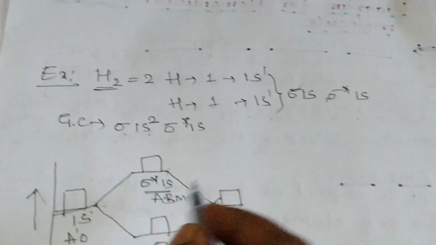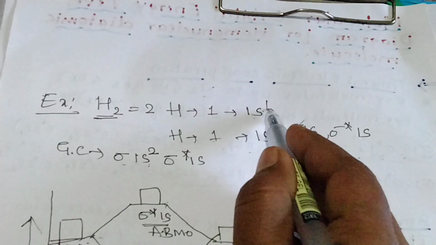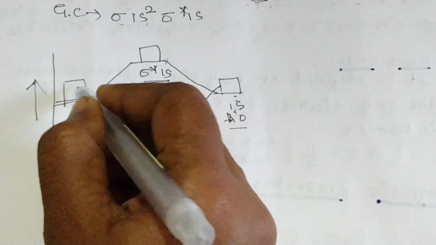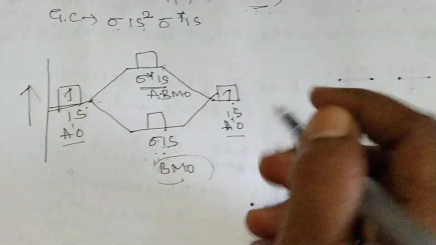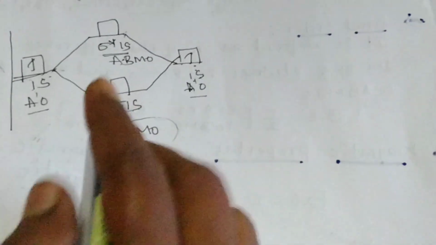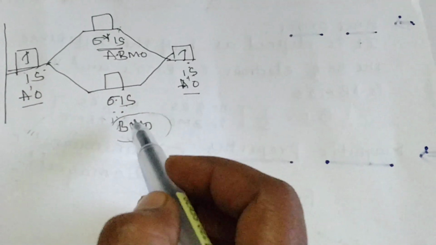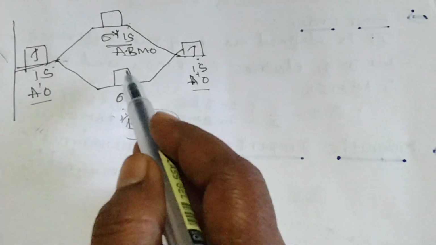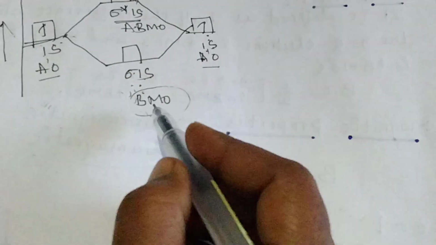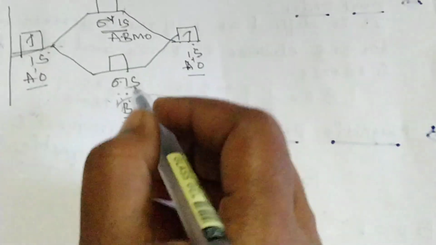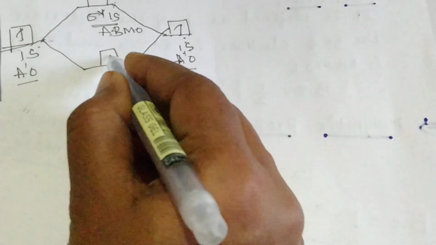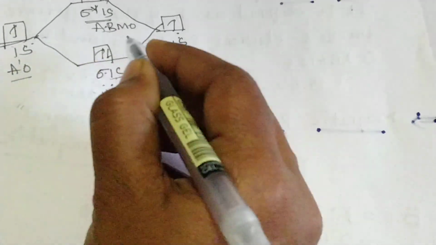Each atomic orbital has one electron. So we have to accommodate them in the molecular orbitals. First we accommodate in the lowest energy, the bonding molecular orbital. One orbital can have two electrons with opposite spin.